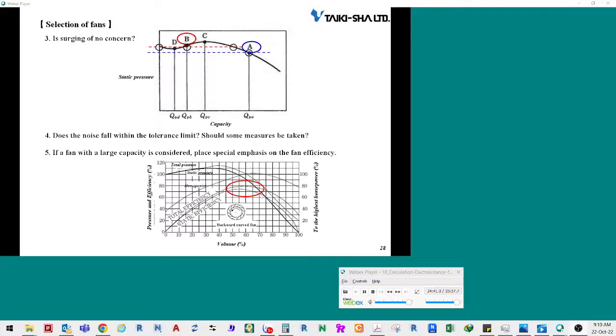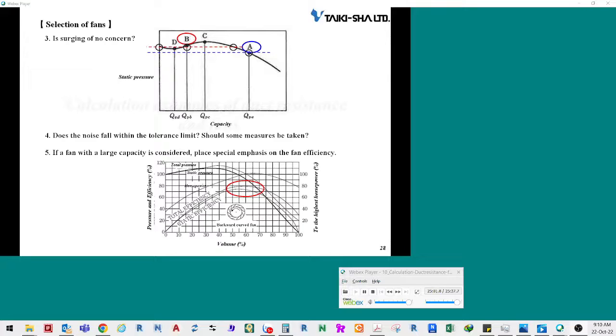For example, consider whether or not the cost of construction can be reduced if a larger sized fan is used to reduce the rotation speed.